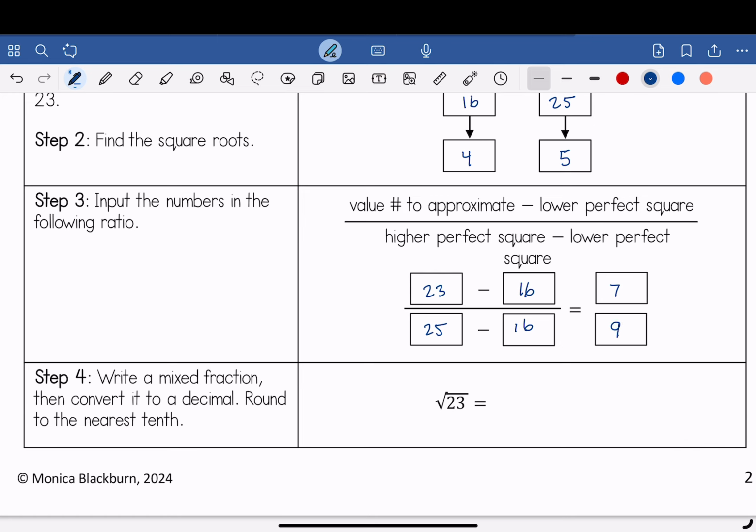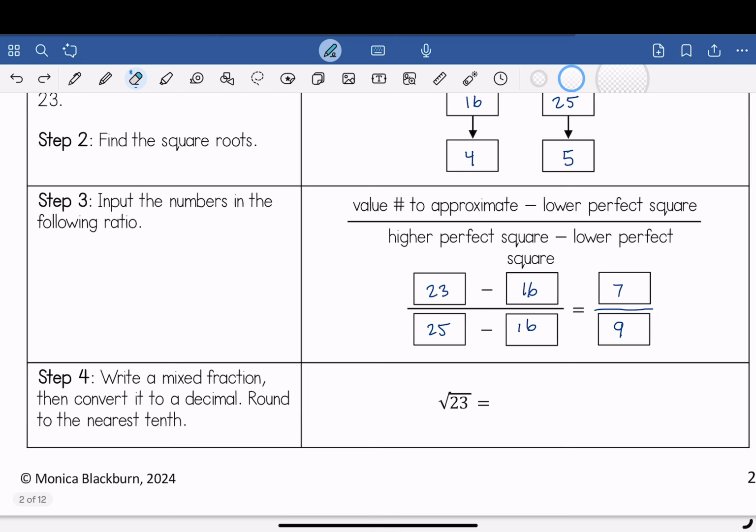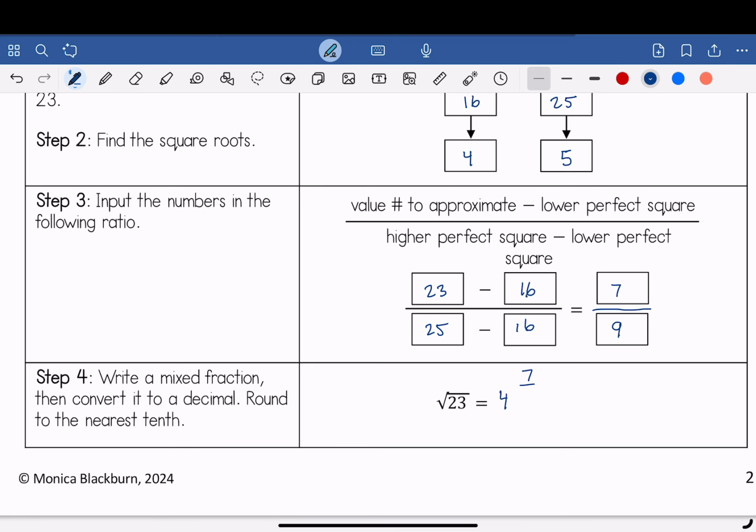So 7/9. The square root of 23 is 4 and 7/9, which is approximately 4.8.